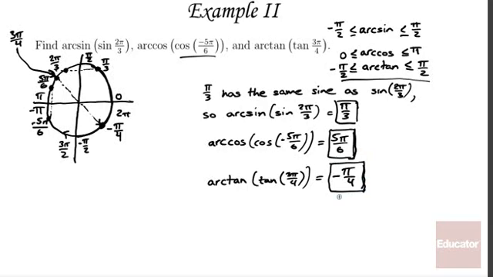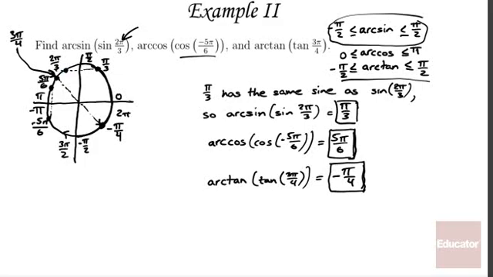So those are really quite tricky. What we're being asked to do here in each case is we're given an angle, for example 2 pi over 3. We want to find arcsine of sine of 2 pi over 3. So we look at the sine of 2 pi over 3, and then we want to find another angle that has that sine, but it has to be in the specified range for arcsine. So we're really trying to find an angle between negative pi over 2 and pi over 2 whose sine is the same as sine of 2 pi over 3.